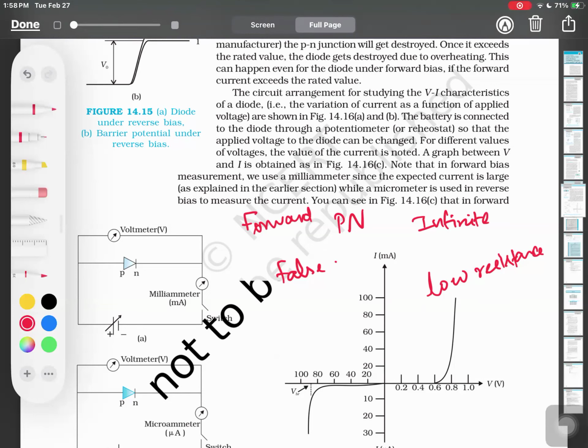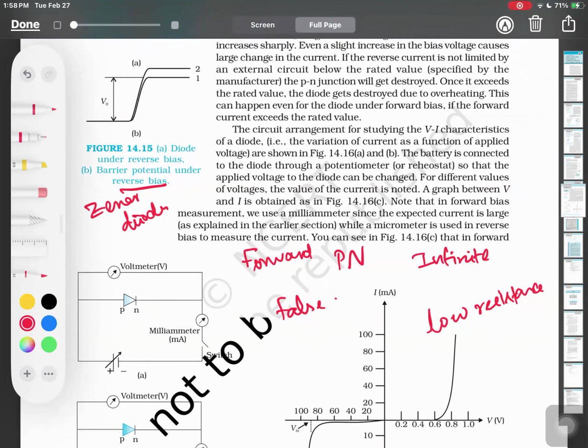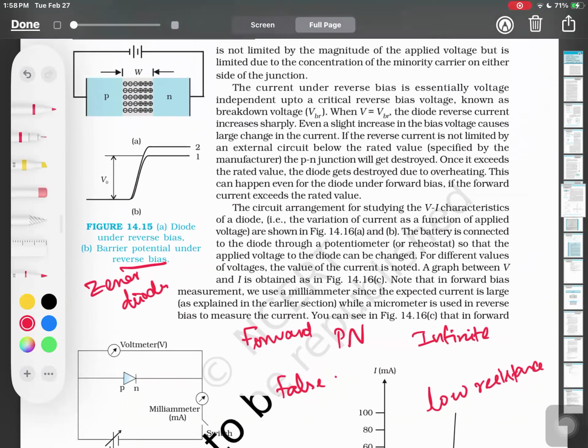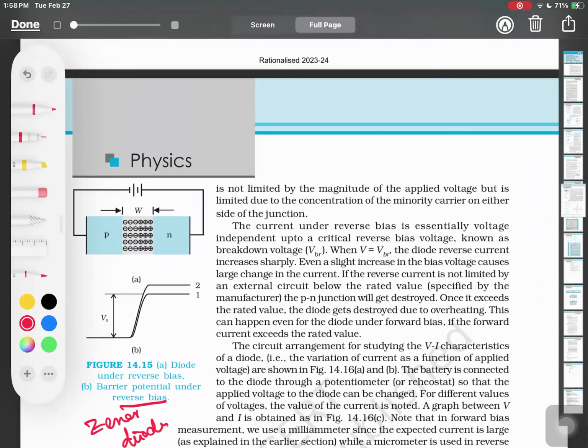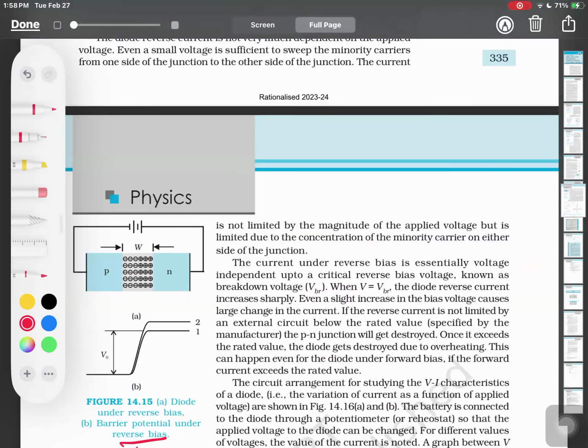Always keep in mind that Zener diodes operate in reverse bias. Then, everyone knows that rectification means the process of conversion of AC current to DC current. Keep that point in mind also.